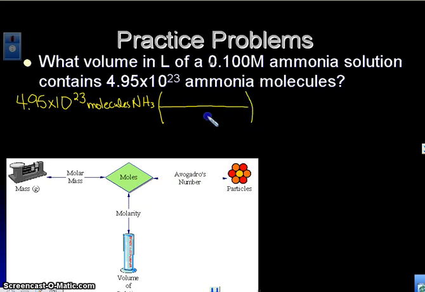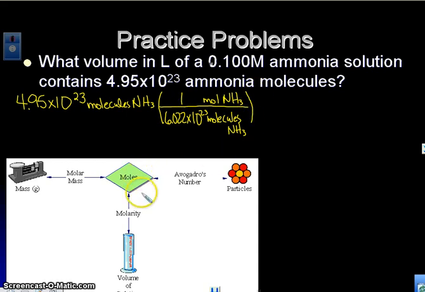So we need molecules on the bottom, and we want to convert to moles, so we're going to moles of NH3 on the top. And looking at your reference table, you know that there are 6.022 times 10 to the 23rd molecules or particles in 1 mole of anything.